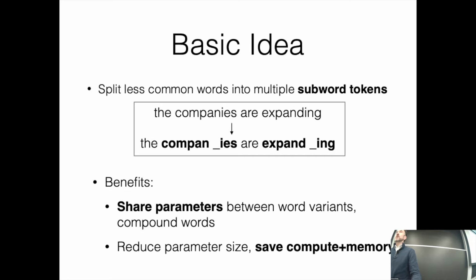So does anyone know how many words there are in English? Any ideas? Yeah. 2 million. Pretty good. Any other ideas? Yeah.